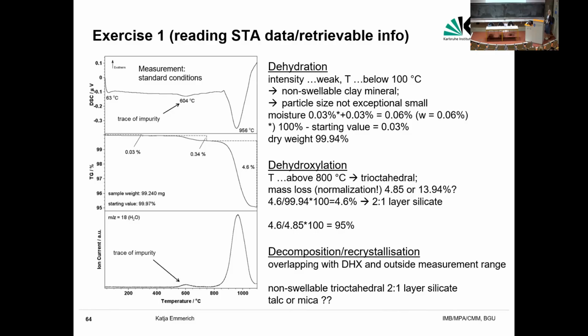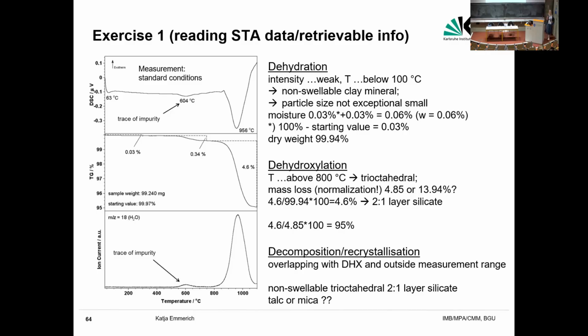This is now 4.6. We have to make sure that we normalize this 4.6. First, we have to calculate the dry weight, then we normalize it. It stays at 4.6. So this could be a 2-to-1 layer silicate.